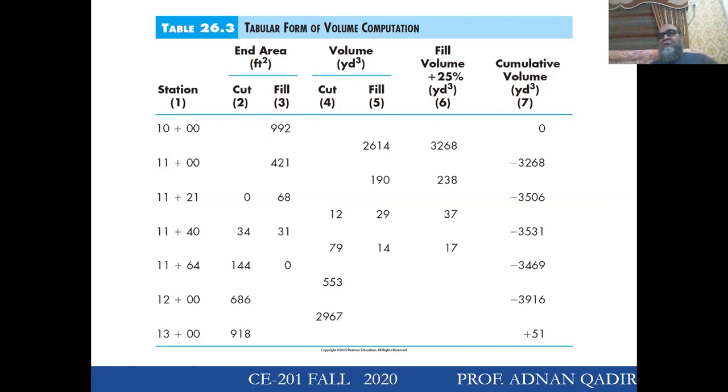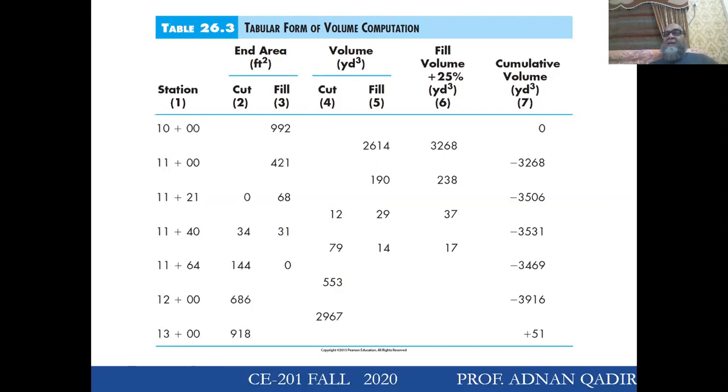Now, if you want to fill it, you need extra material. Why? Because when you were excavating, the material got compacted. In other words, there was some water in it. That water was absorbed, and while absorbing, it consumed more soil, more earthwork.